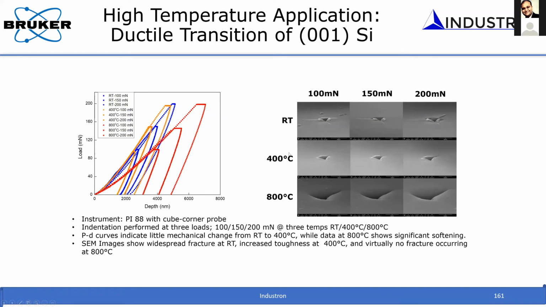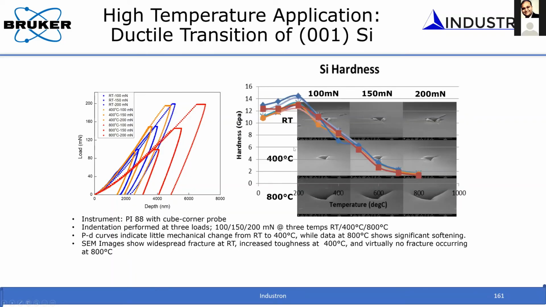So in fact, you can measure the hardness, and I think I have the plot here. You can see that the hardness increases as a function of temperature up to some temperature, and then it decreases. When you heat a material, you would expect the plasticity to increase.